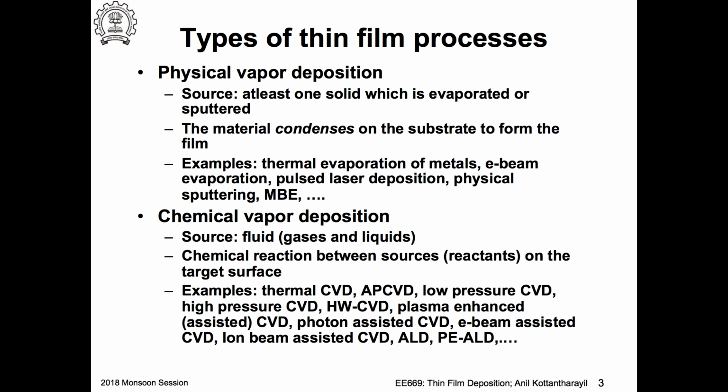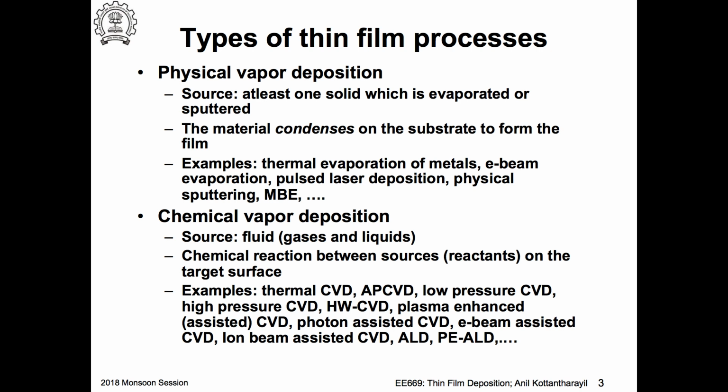And it can happen that this stuff reacts with something on the way, during the transport. But here, the chemical reaction that results in the final film formation actually happens on the surface of the substrate.